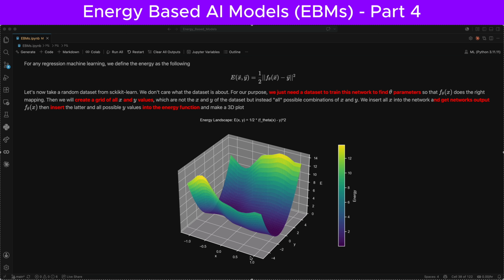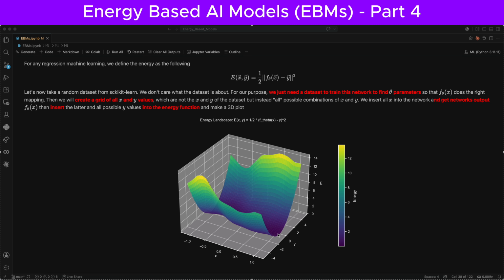We insert all x values into the network and get the network's output using f of theta, then insert the latter and all possible y values into the energy function and make a 3D plot. As you can see, for every given x that I pick on the plot, there is only one y value whose corresponding energy is minimum.